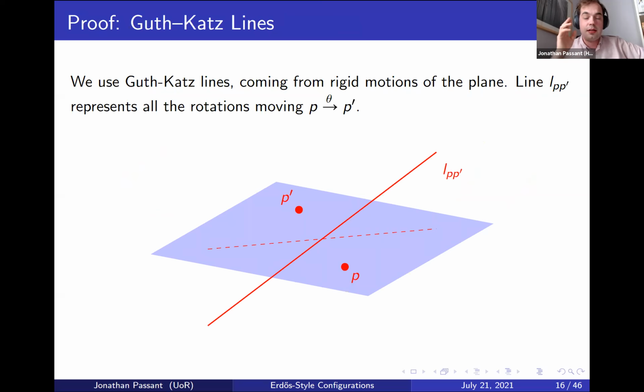The key idea that we're going to then use are these Guth-Katz lines that come from this. There are two types of rigid motion. The first is a translation, and these turn out not to be too important because we're in 2 dimensions, and so the translations are just 2-dimensional. Whereas the rotations are 3-dimensional and are much more of an issue.